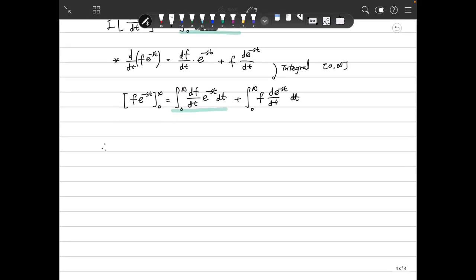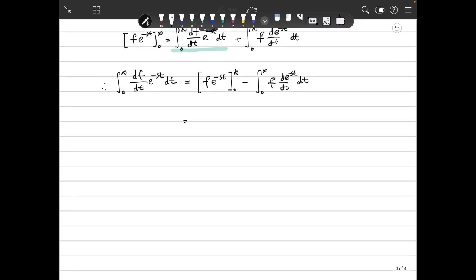Therefore, the integral 0 to infinity of d/dt f exponential minus st dt will be f exponential minus st from 0 to infinity minus the integral 0 to infinity of f d/dt exponential minus st dt. Then we calculate this result. First, f at t equals infinity will be 0.